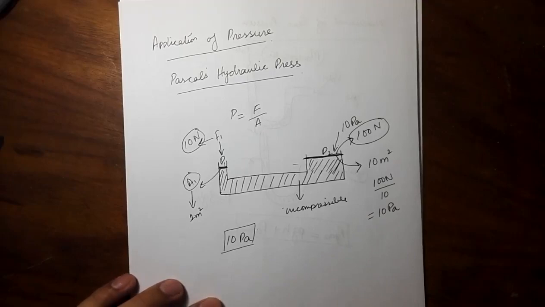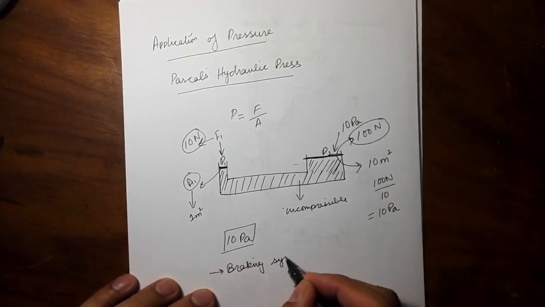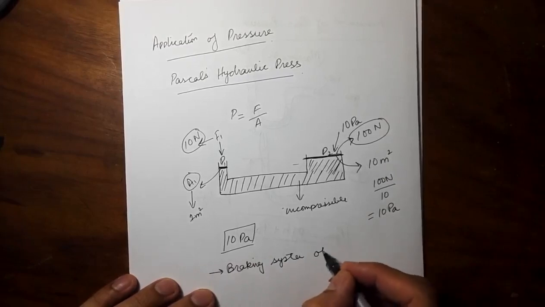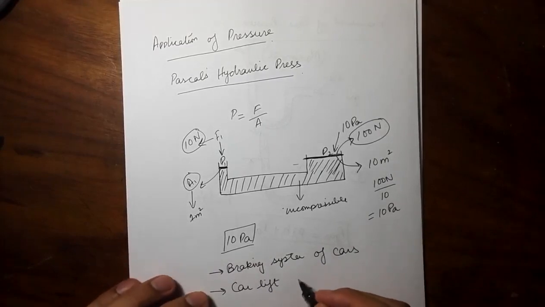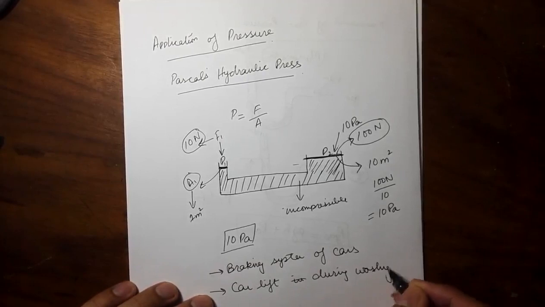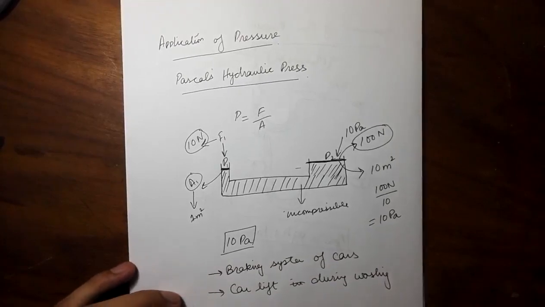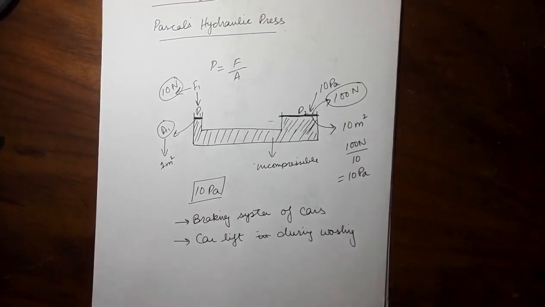This is the application that we see in the braking system of cars, in car lifts, during washing of cars. Okay, so this is basically the practical example of pressure, and this is Pascal's hydraulic press.